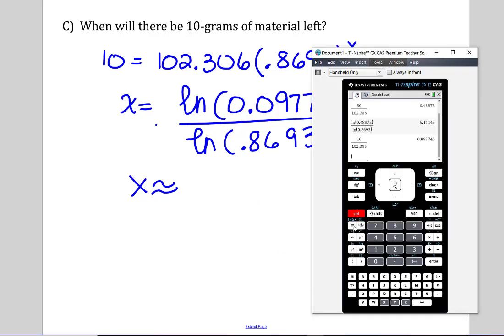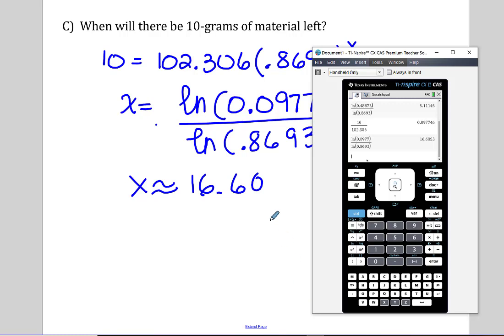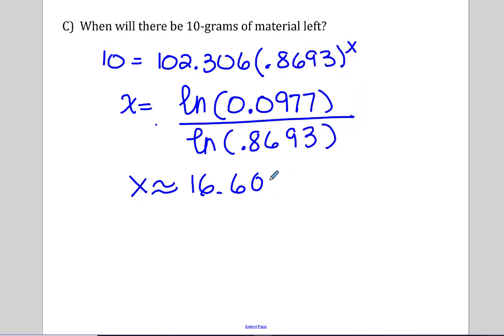So natural log 0.0977 divided by natural log 0.8693. 16.6 weeks. So I was close. 16.6, what was it? 605. 16.605 weeks.